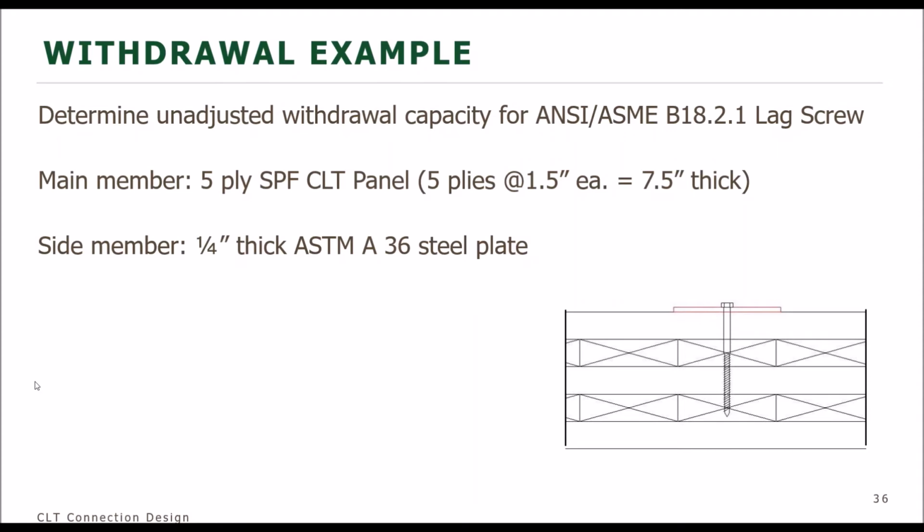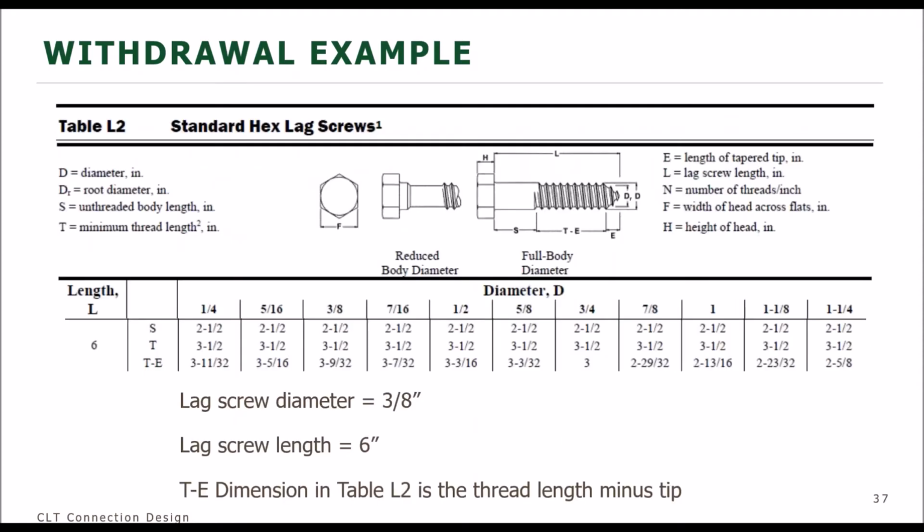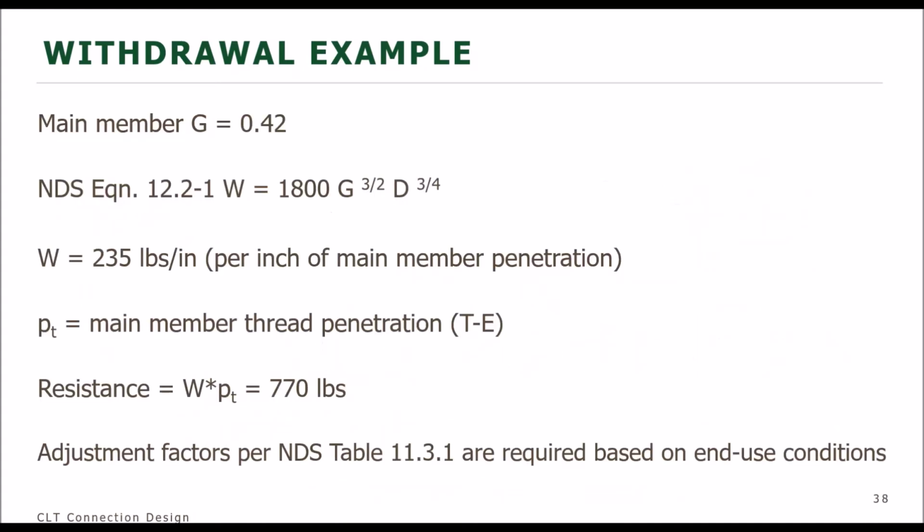But the only part of the shank of the lag screw that we're going to count in our withdrawal penetration is that T minus E dimension. It's the threads. The smooth part of the shank is not assumed to provide the resistance. So we need to pay attention to our main member penetration as well as how much of that is the thread.